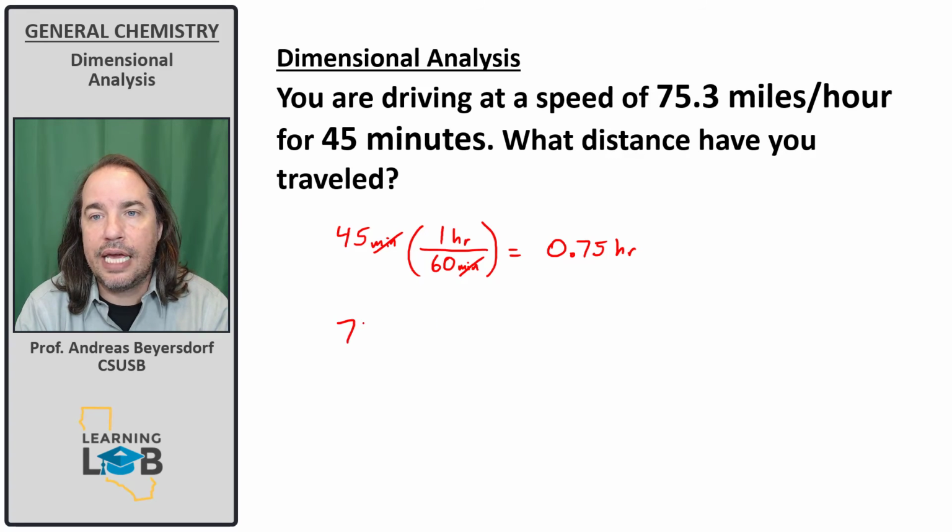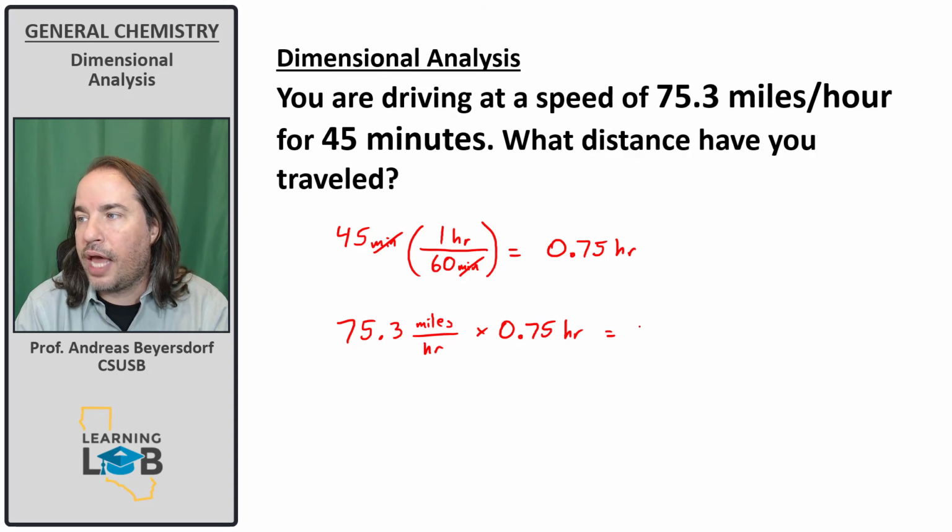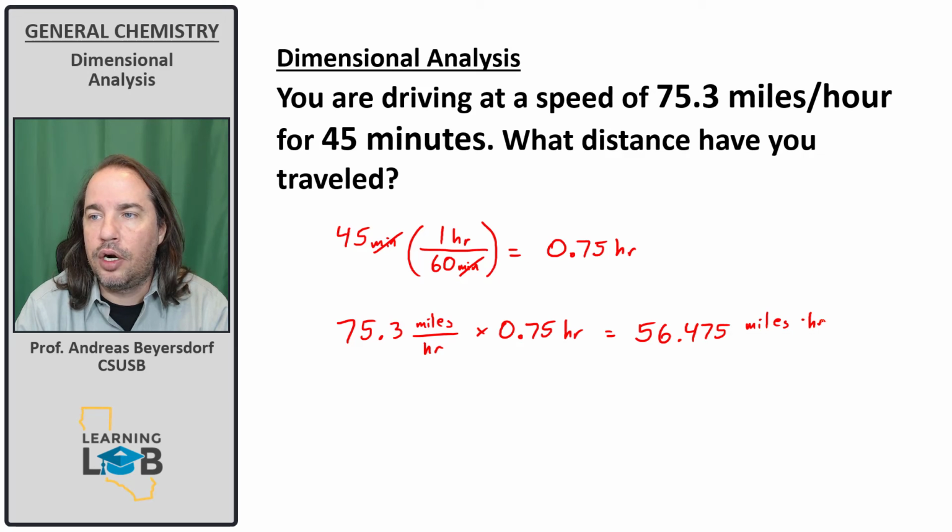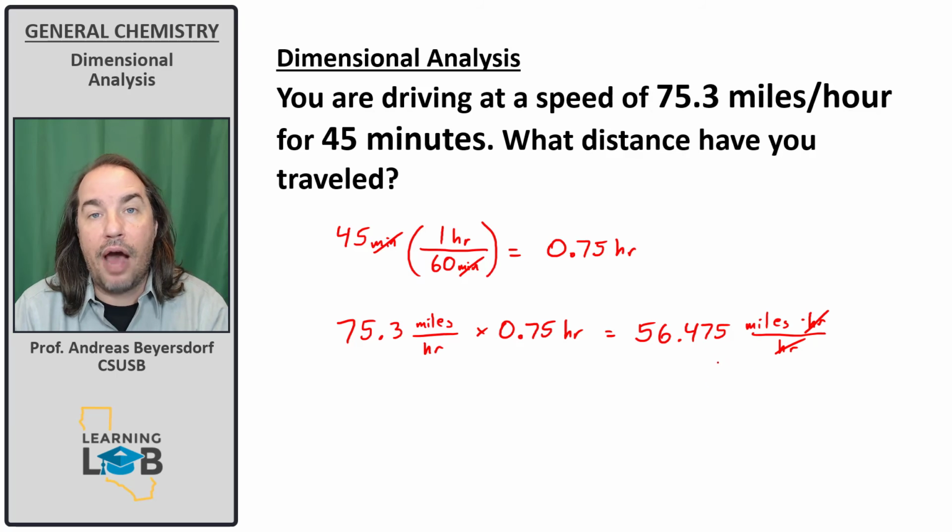Now I can take my speed, multiply by my time, and I will get 56.475. Notice I'll get miles times hour over hour. Now those hours will cancel out.